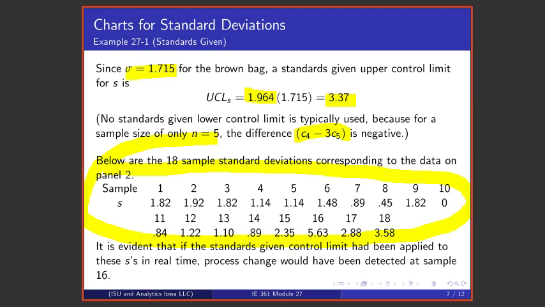But taking them for our present purposes as given, it's only at sample 16 that one begins to see S values that violate this upper control limit for S, the standards given upper control limit.